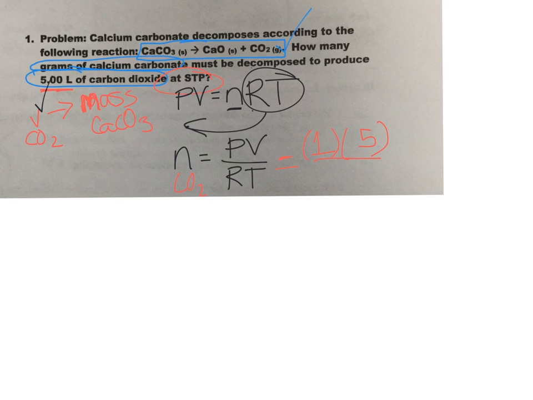My R, since we're using ATM, is what? 0.0821. And my temperature at STP? 273 Kelvin. All right, so plug that in and go ahead and shout out moles when you've got it.